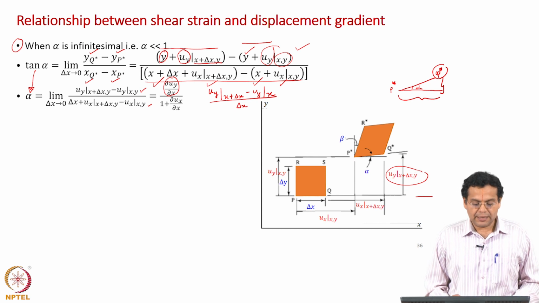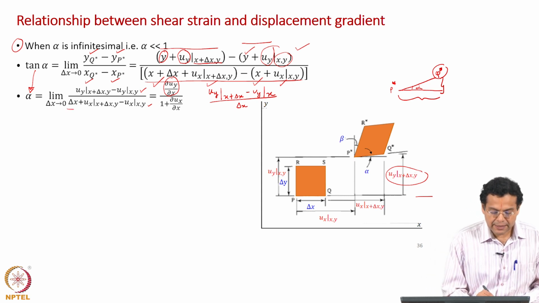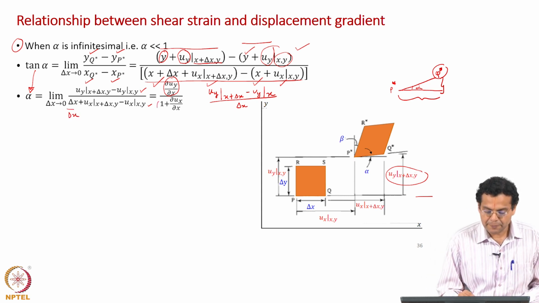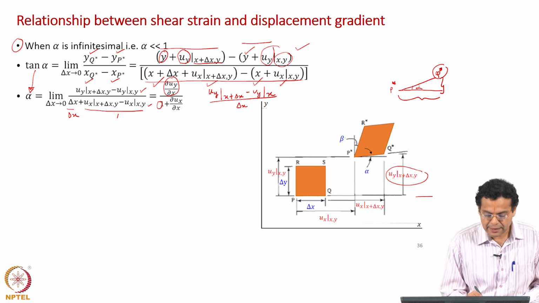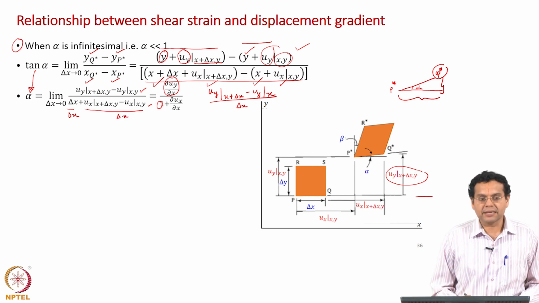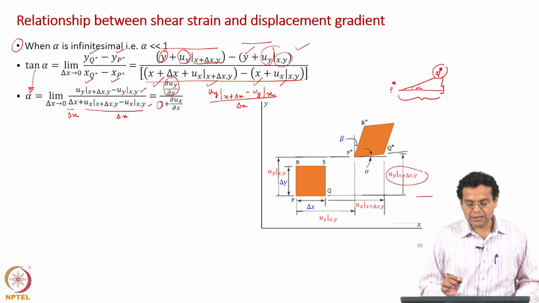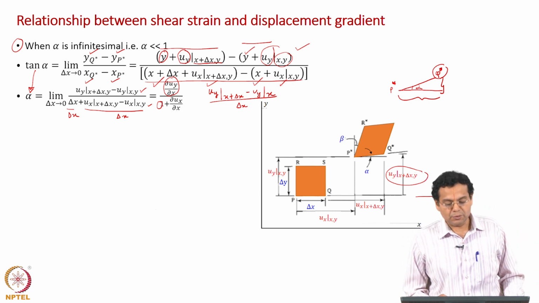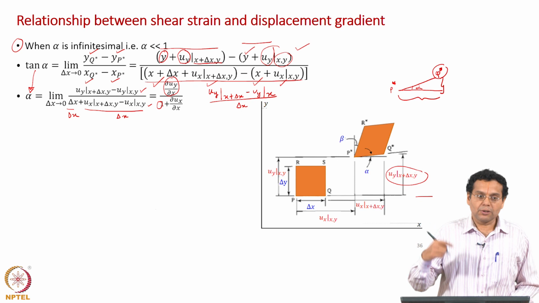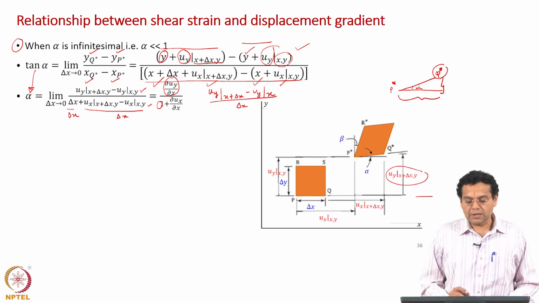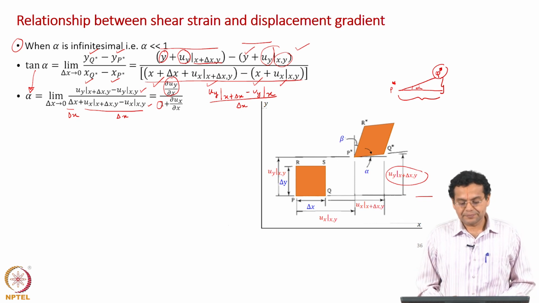Look at the denominator: this becomes 1 here, and you are dividing this by delta x and taking the limit delta x tending to 0, you get dou u x by dou x. So, the numerator becomes dou u y by dou x, and the denominator is 1 plus dou u x by dou x.